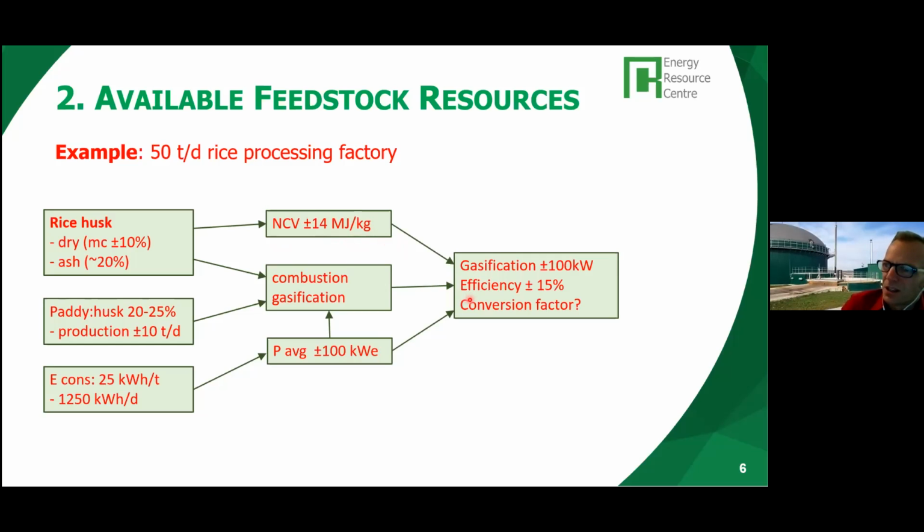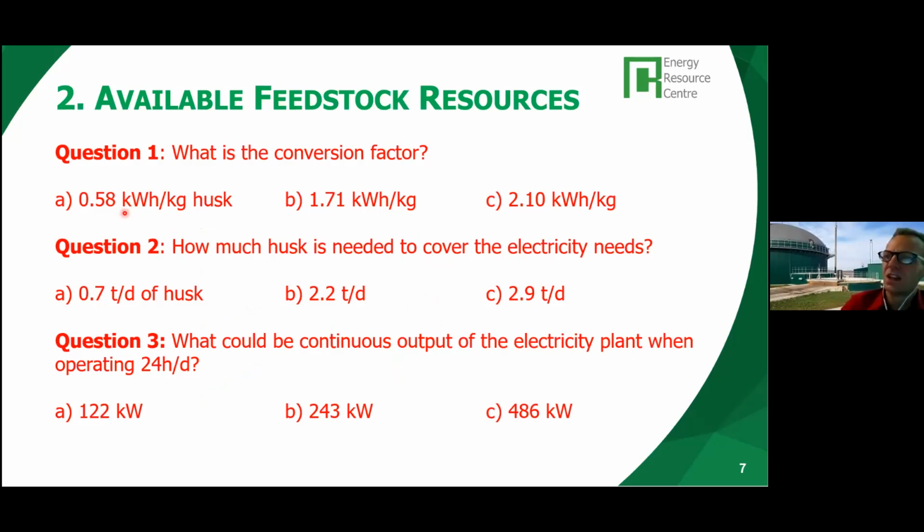That is the chemical energy stored within 1 kilogram of rice husk. If you then convert it to electricity with gasification, for example, you could have an efficiency of 15%. So if you multiply the 3.9 kilowatt hours per kilogram by 15%, you arrive at 0.58 kilowatt hours per kilogram of husk.